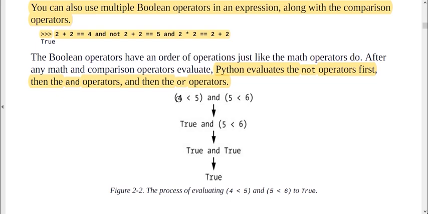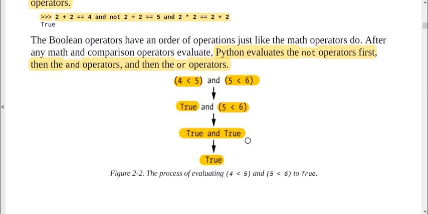First, the left hand side is evaluated. 4 is less than 5 is true, so true is the output here, and then the right hand side is evaluated. So 5 is less than 6, which is also true, so true and true should give us the result as true. This is the way Python evaluates the expressions, and that's why we were getting the result as true.